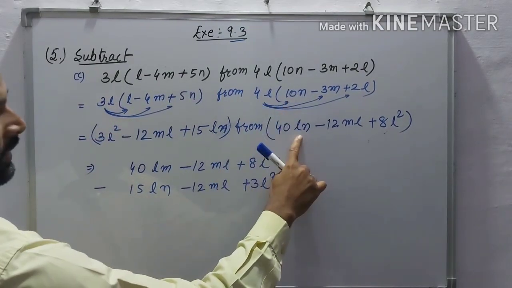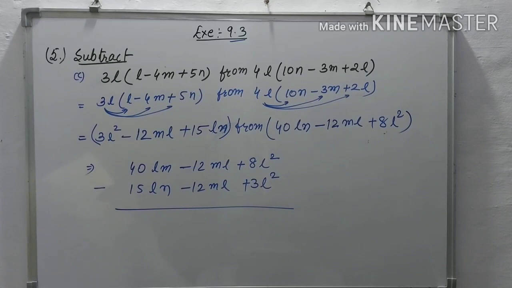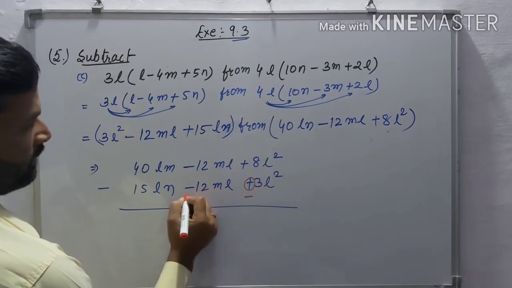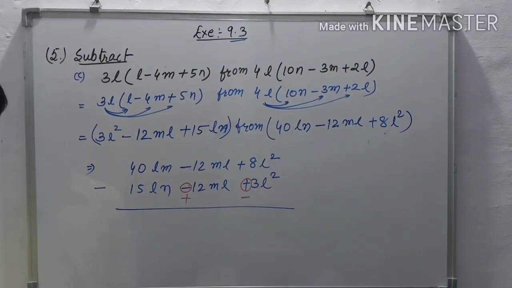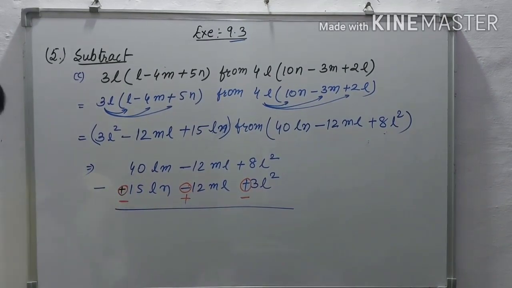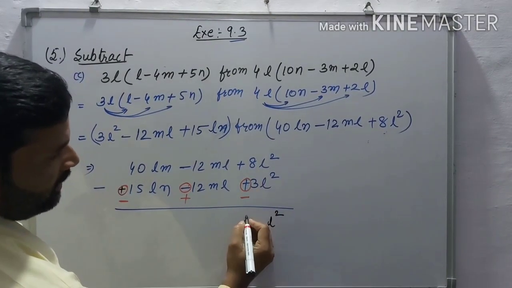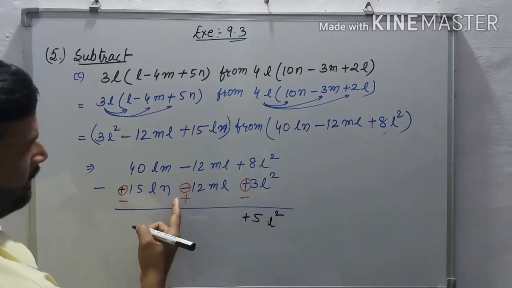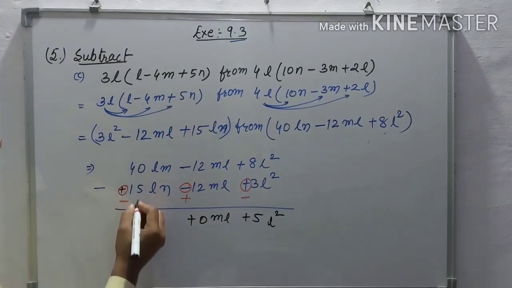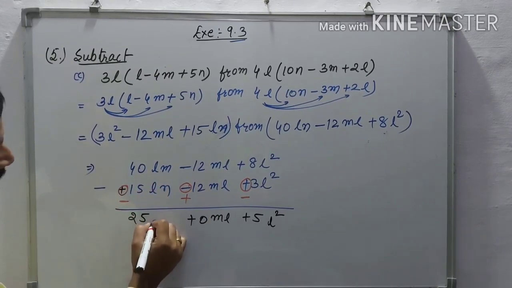OK, and change the sign because it is a subtraction: this minus becomes plus, and the plus sign becomes minus. So l square is plus 5 l square, plus and minus is 0 ml, and here subtract 15 from 40, 25 ln.